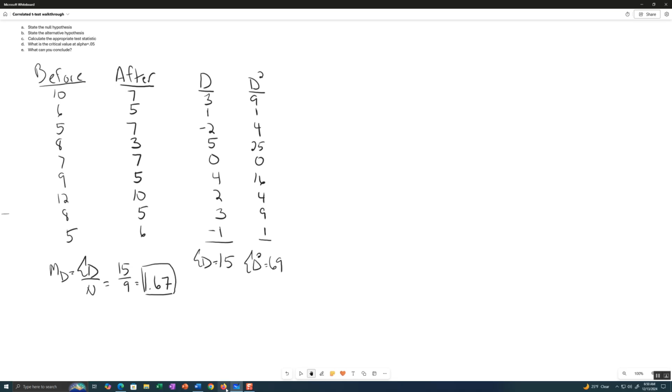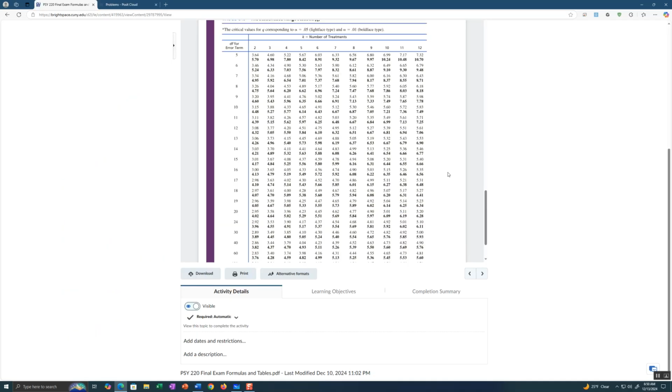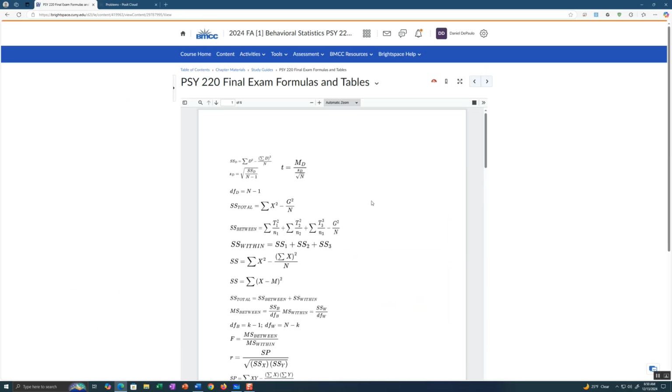So if we go to the formula sheet, which I've posted on Brightspace, so I have the sum of squares of d.